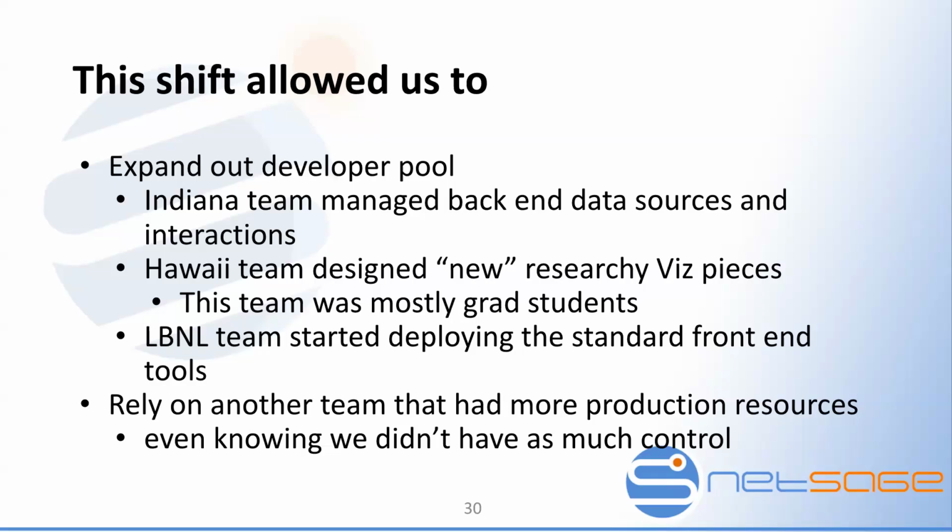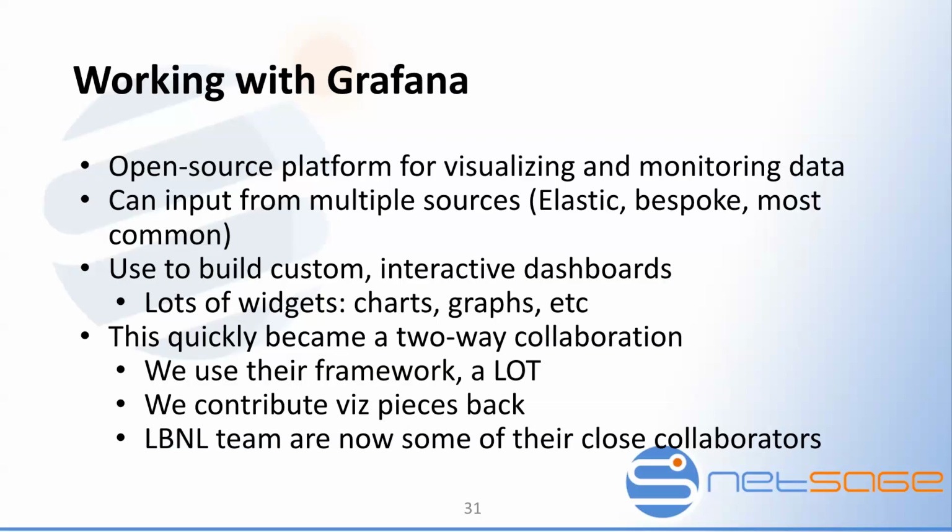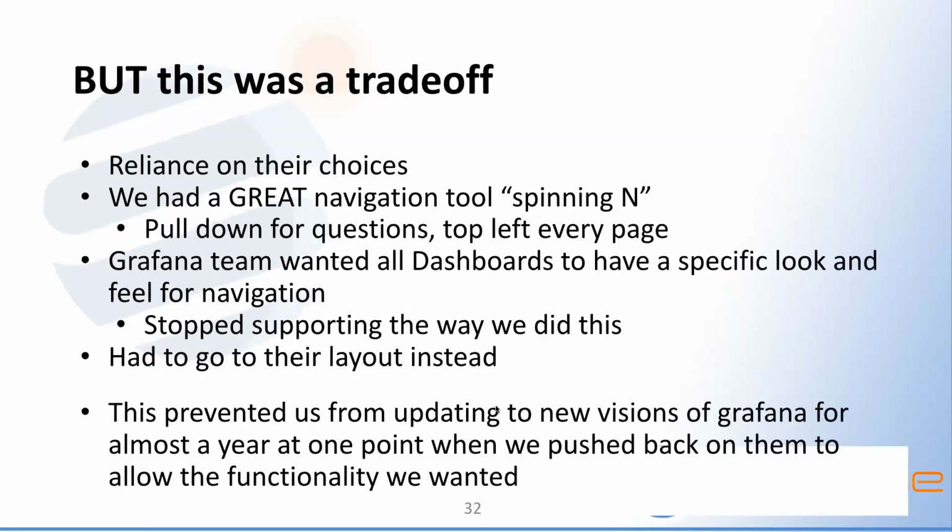And the LBL team kind of stepped up in terms of making the front ends look alike, use the tools properly, and leverage each other. So by relying on this third-party team in Grafana, we could do more than the sum of our parts, even knowing we didn't have as much control. Talked about a lot of that already, but it really was a trade-off.